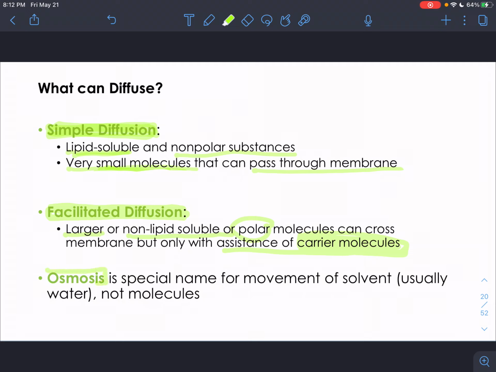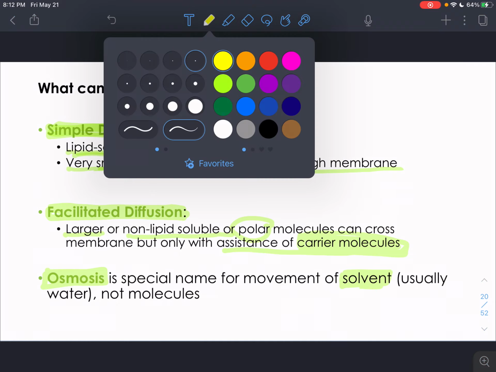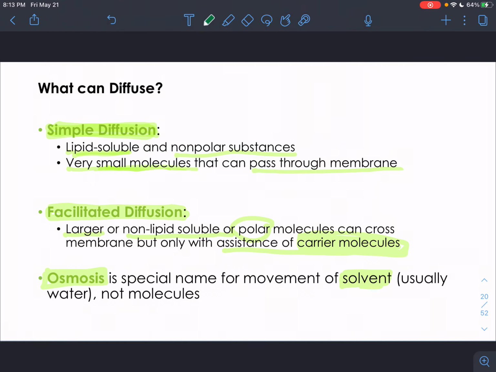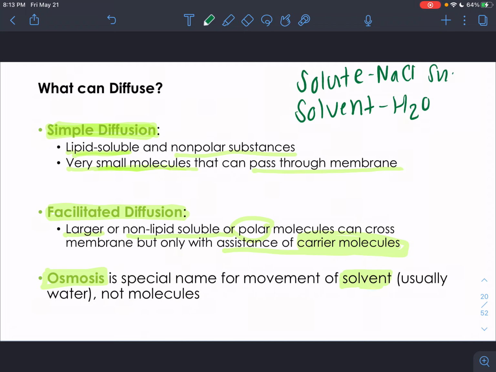And then the last type of passive transport is osmosis, which is kind of a type of diffusion, except instead of the solute moving, the solvent, which is normally water, is moving. Remember, in our solution, we have a solute and a solvent. The solvent is normally water. A solute is anything that dissolves in the water, like a salt or a sugar.